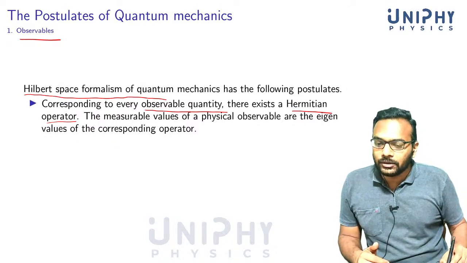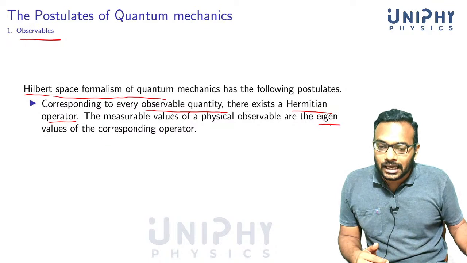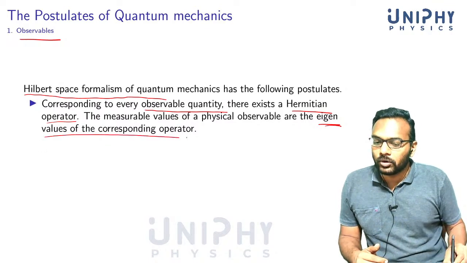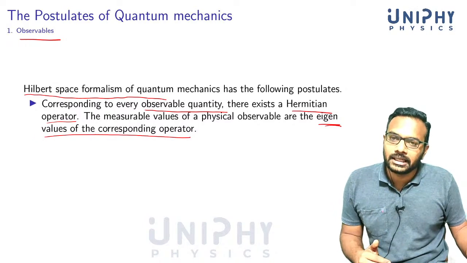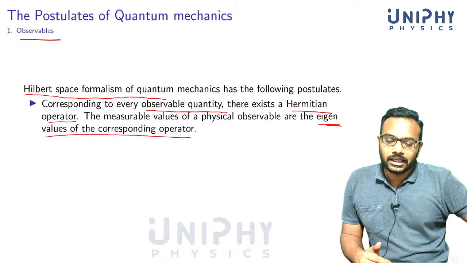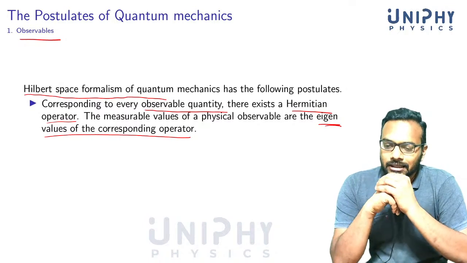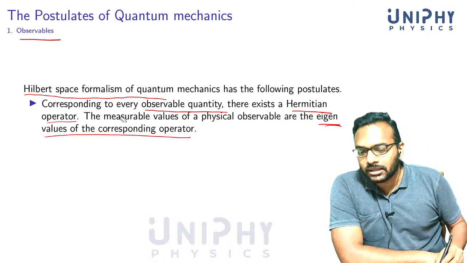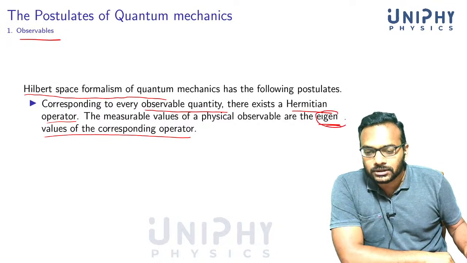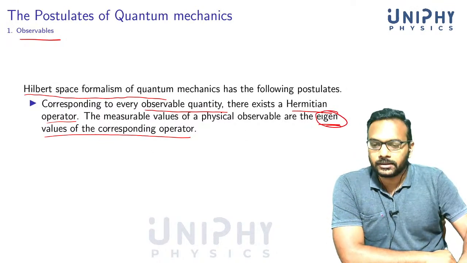The measurable values of a physical observable are the eigenvalues of the corresponding operator. So we have a Hilbert space for every quantum mechanical system, and every observable quantity is associated with a Hermitian operator, and measurable quantities are eigenvalues of the corresponding operator.